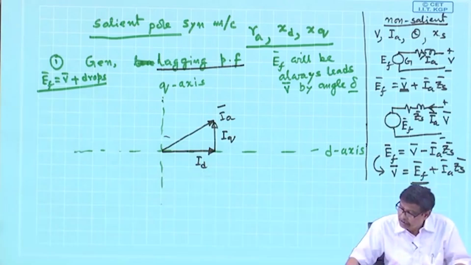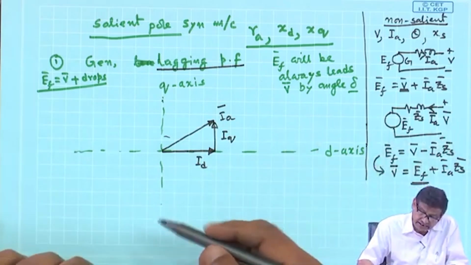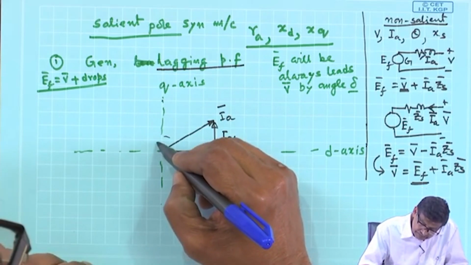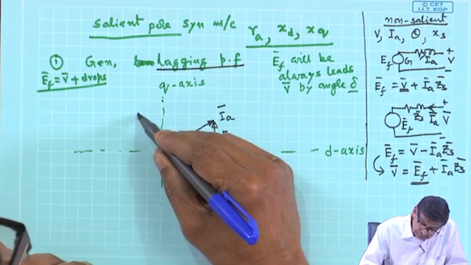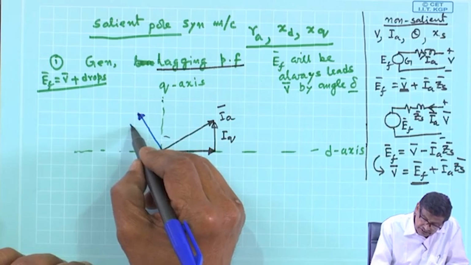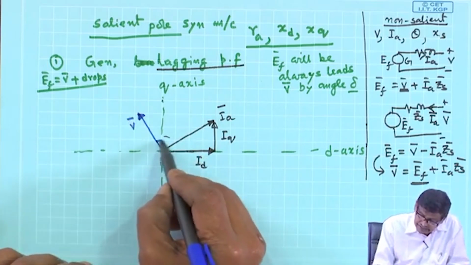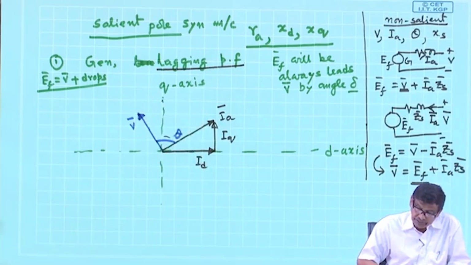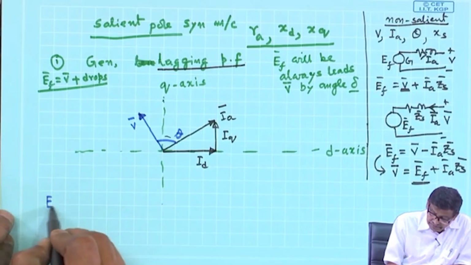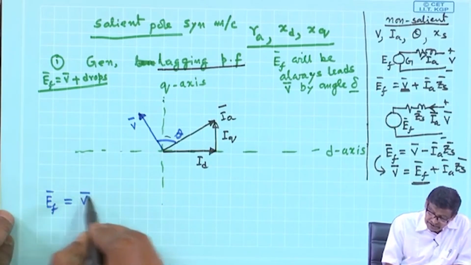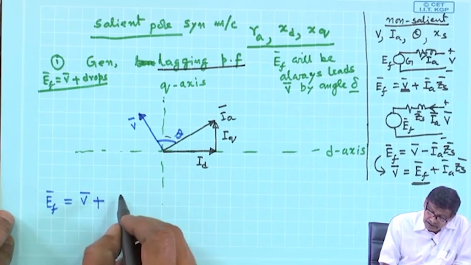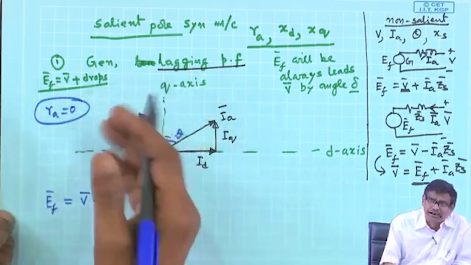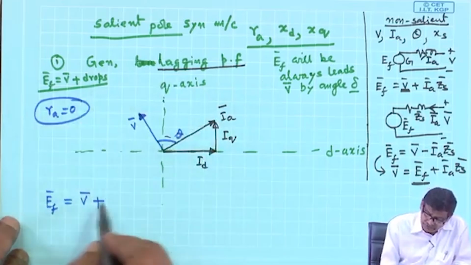Now, since it is lagging power factor, VA must be somewhere here. This is V, suppose, and this is your theta, understand. Then you know EF is equal to V plus, suppose RA is 0, I am drawing that case. It is possible to draw RA non-zero also, but let us first understand this.